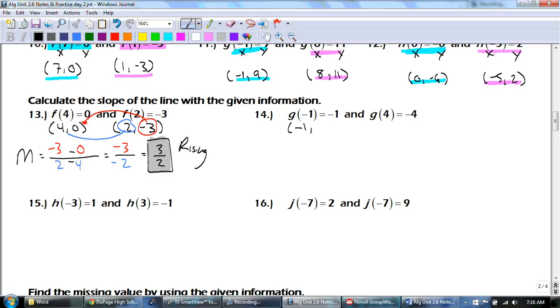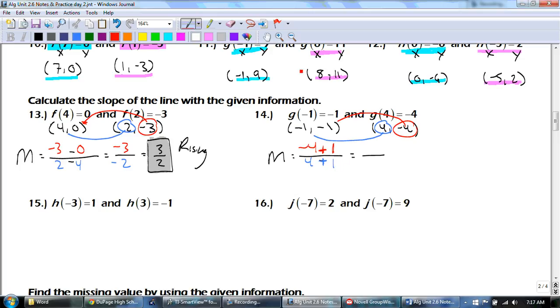Okay, so number 14, we're going to do the same thing. Okay, I got -1 and -1, and then 4, -4. Okay, y is on the top. -4 minus 1 minus -1 turns to -4 plus 1. On the bottom, I have 4 minus -1.